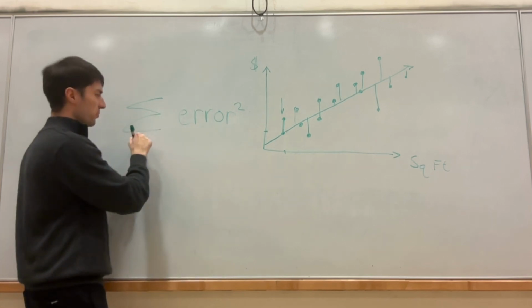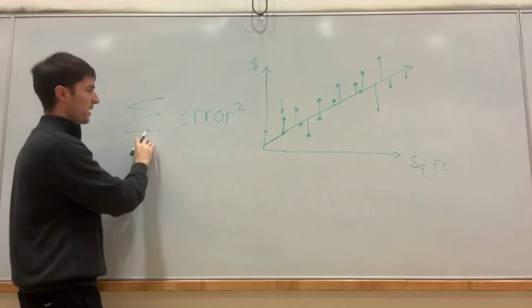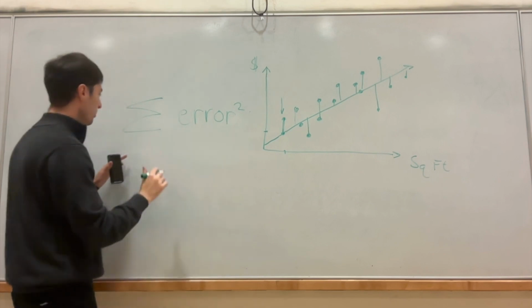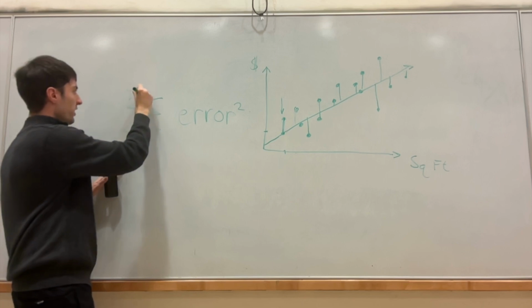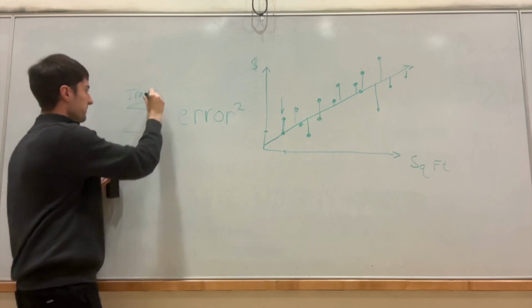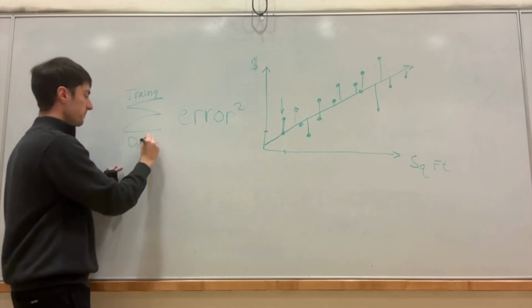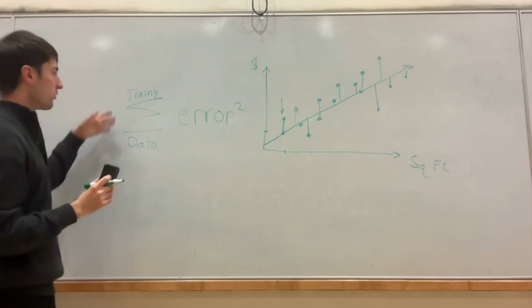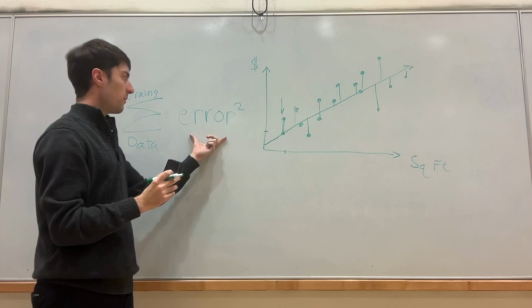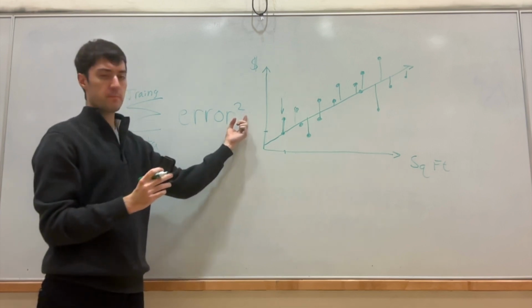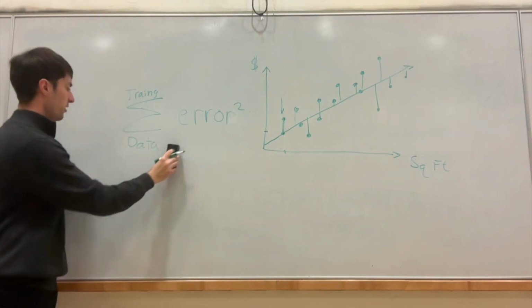I guess we'll start with the summation. We can start by saying training data. We want to go over all of our training data, sum the error and square it.